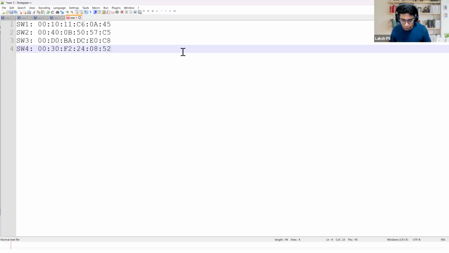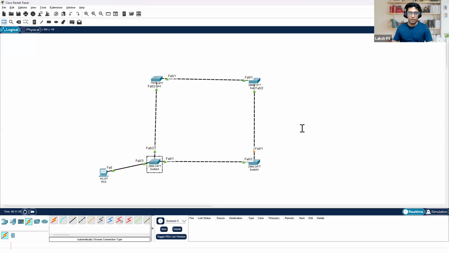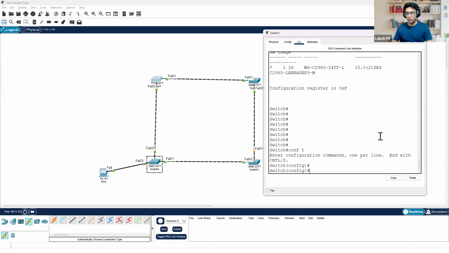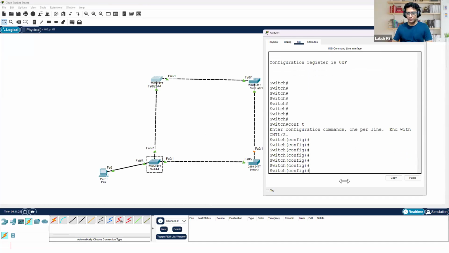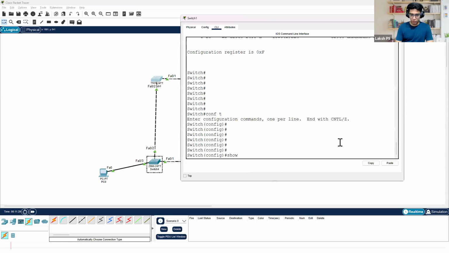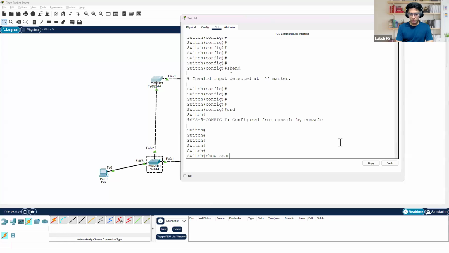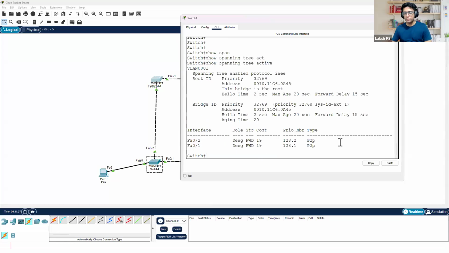Now let's try to find out the first thing: which among these is the root switch? Let's check the spanning tree priority of this switch. If you do a show spanning tree active, it shows the active spanning trees running on the switch.